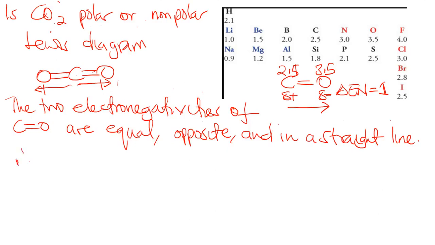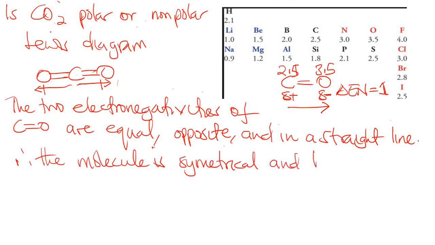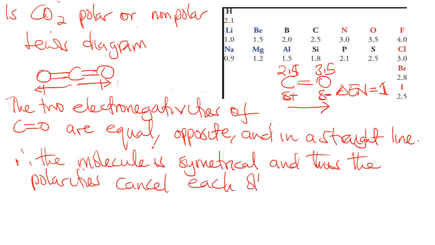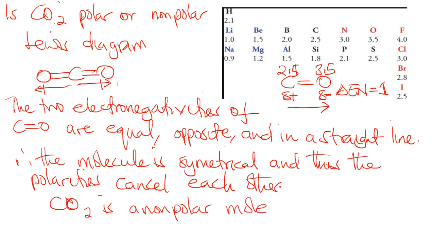So this implies the molecule is symmetrical, and thus the polarities cancel each other. So the polarities cancel each other, which means CO2 is a non-polar molecule.